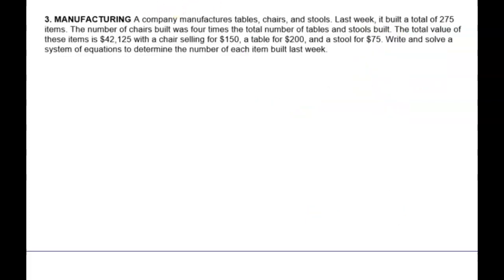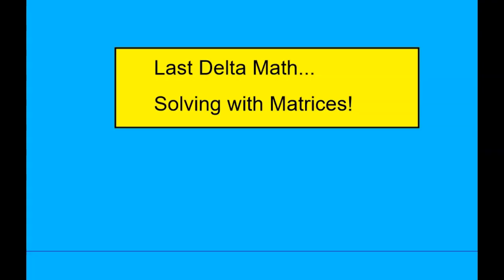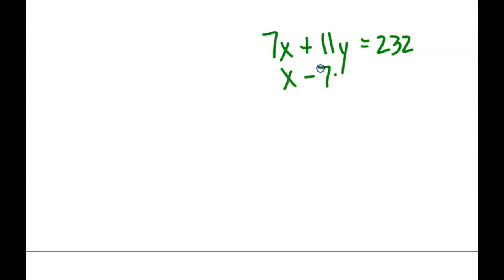We're going to do a nasty word problem just to show you how helpful this idea is. And I also want you to know that you can do this on a smaller word problem. If I had a system that we had written from yesterday, like 7 shrubs plus 11 ornamental grass equals $232, and a shrub and 7 grass equals $194.